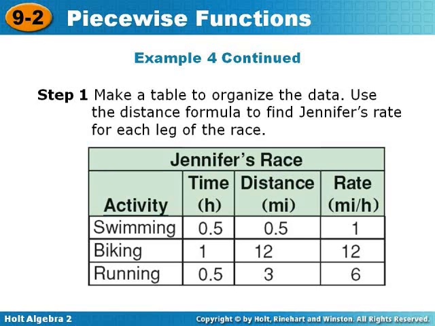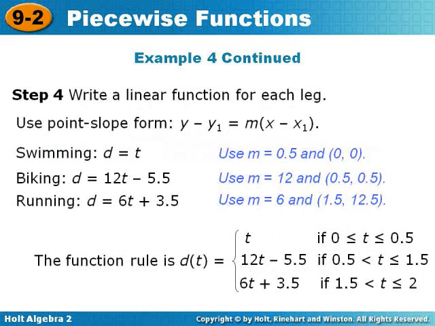Subtract that from both sides, and b is negative 5.5. So your equation would be 12x minus 5.5. I'm going to let you do the third one on your own. Here are all 3 equations because I am out of time and out of energy.